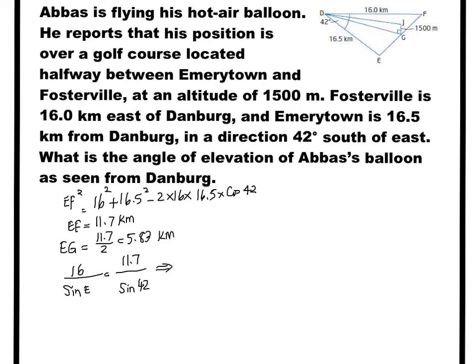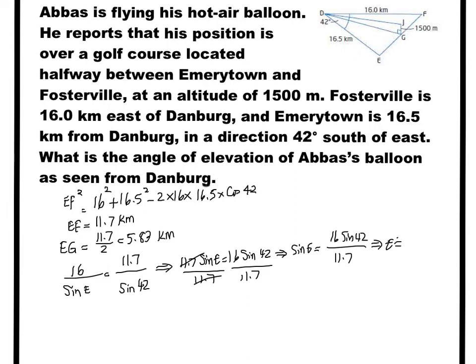If we cross multiply, we get 11.7 sine E is equal to 16 sine 42, or sine E, if we divide by 11.7, we get sine E is equal to 16 sine 42 divided by 11.7, or E is approximately going to be 66.42 degrees.